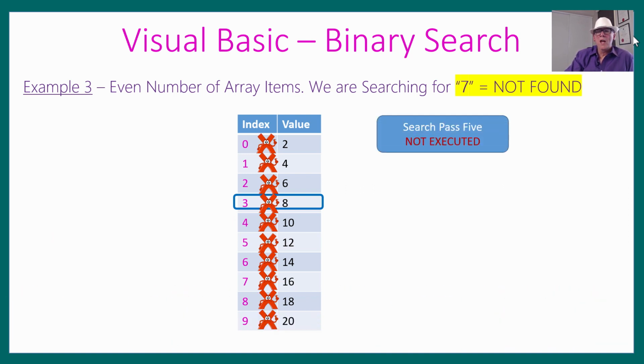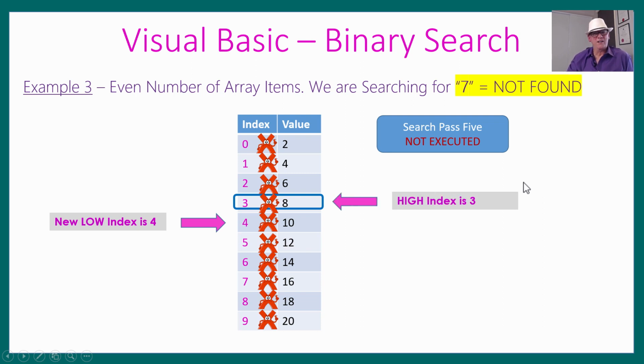So we continue. Now we get to search pass 5, but search pass 5 is actually not going to get fully executed, and we'll explain why. Notice how our low index was coming up by 1 from the middle position by 1 again. It'll now jump up to 4, because remember the computer's blind and it's dumb too.